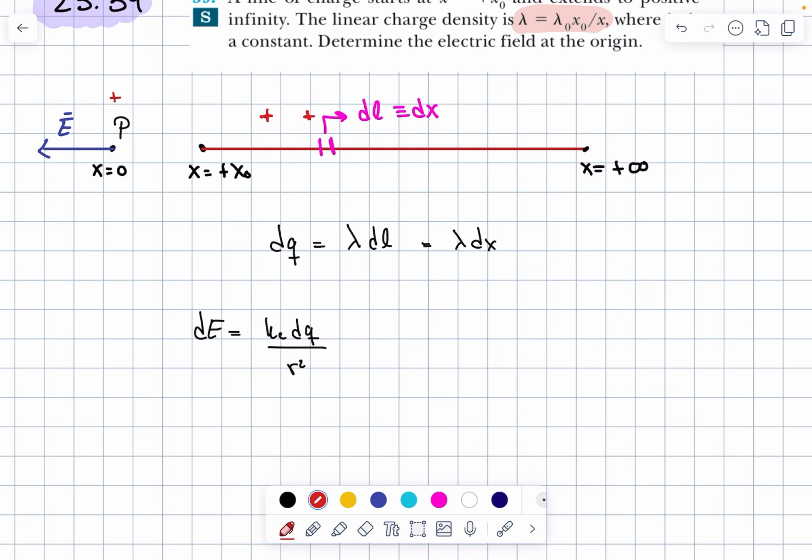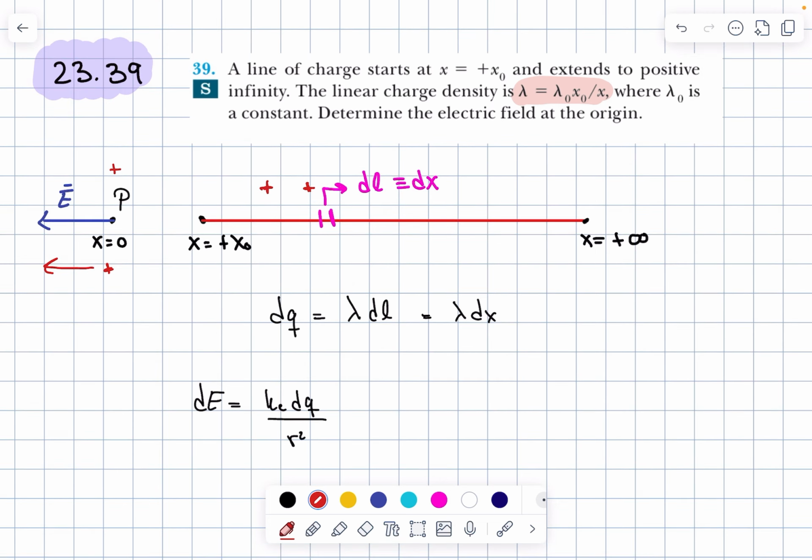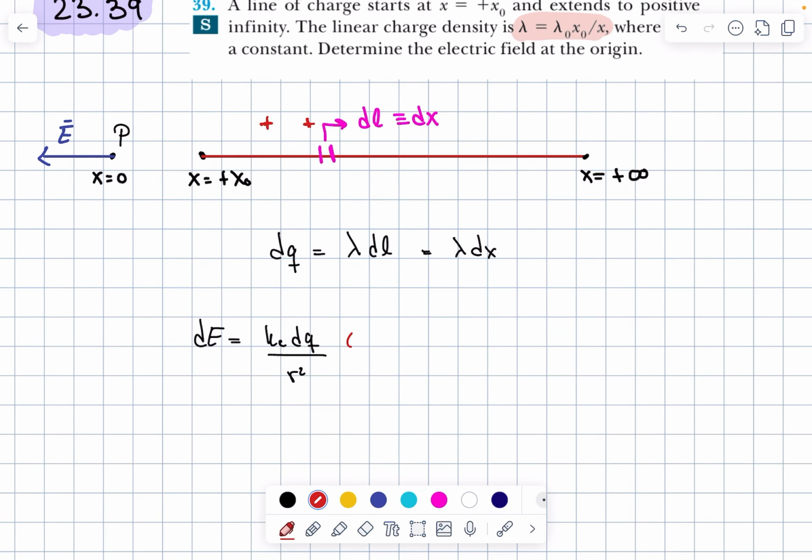If I put a positive charge here, it's going to be repelled by that positive line of charge. So the field is in the negative x hat direction.